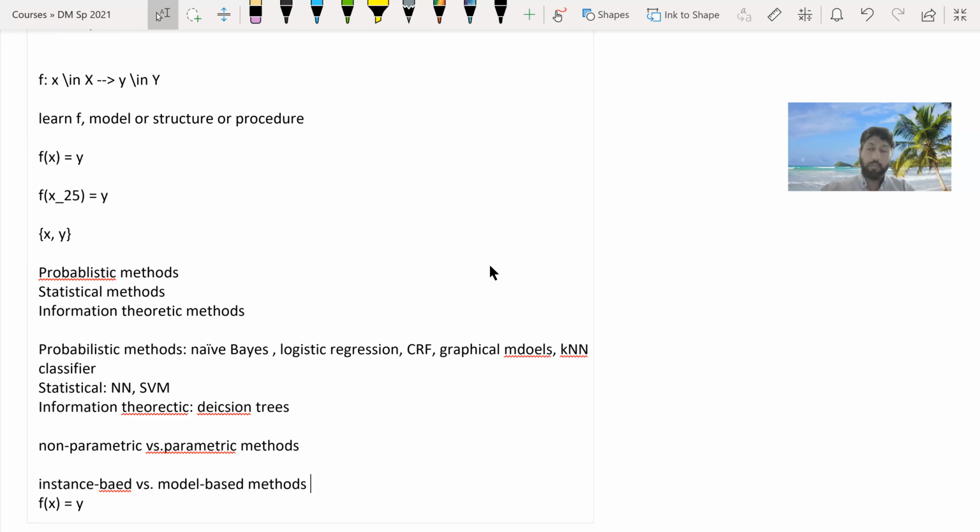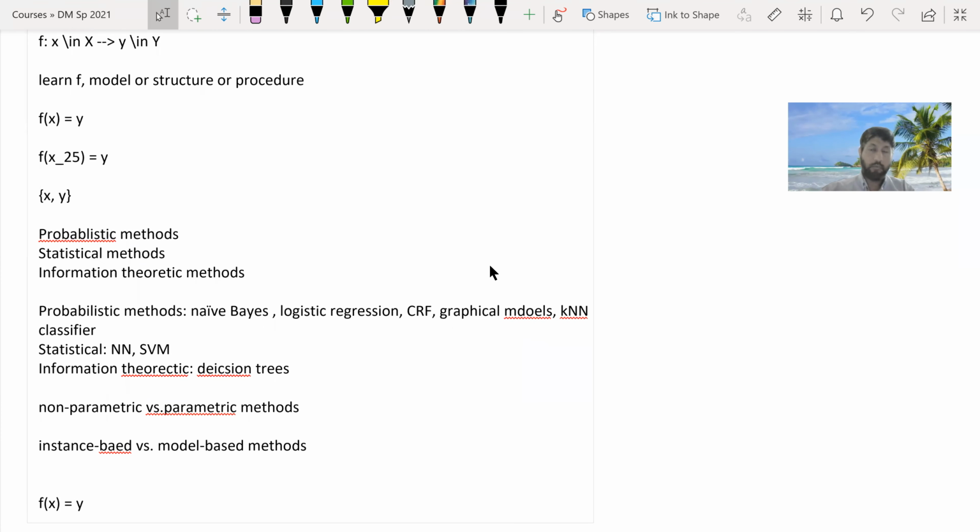So the most important category here, of course, is the KNN classifier, which is instance-based. Because this classifier does not build an explicit model. So whenever you want to make a prediction, it goes over the entire training data, looks at it, and then makes a prediction.